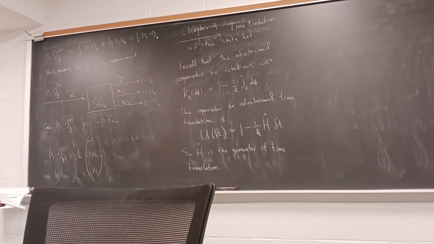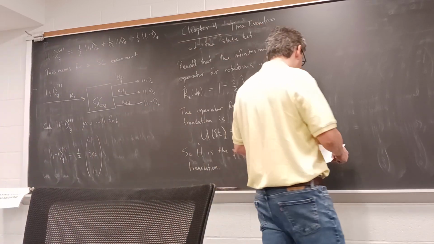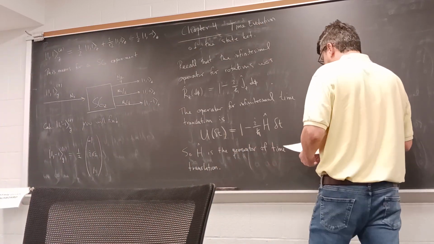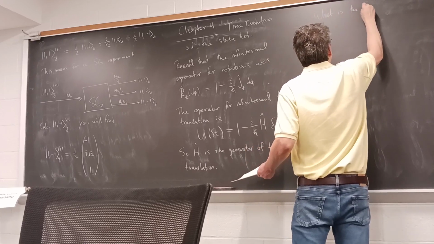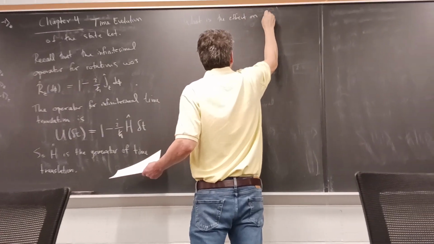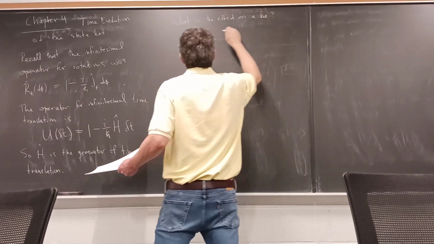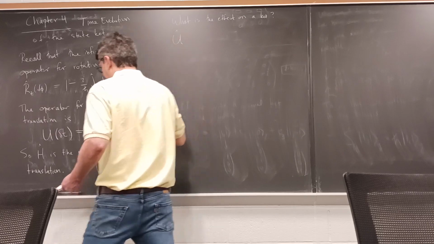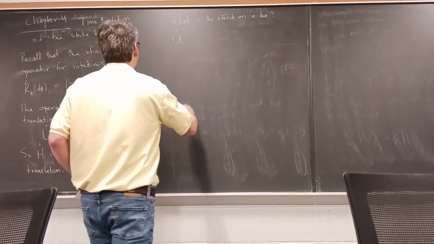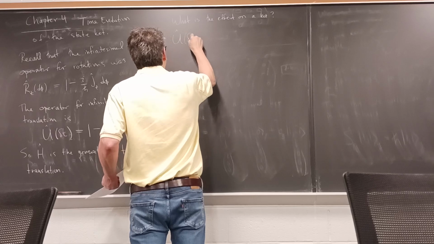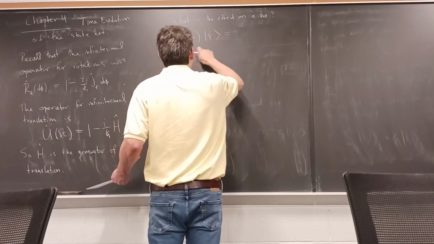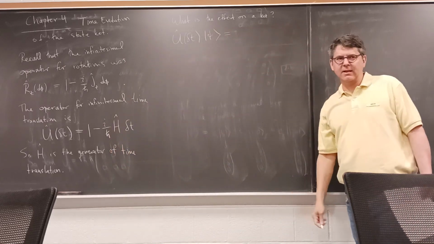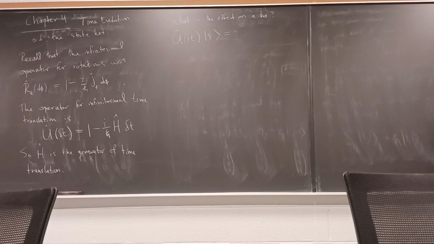Okay, and what is its effect when it operates on a ket? So if we take U hat of this delta t, it operates on a ket psi. Well, just by the definition here, if we have an infinitesimal time change, we don't expect the ket to change a lot.